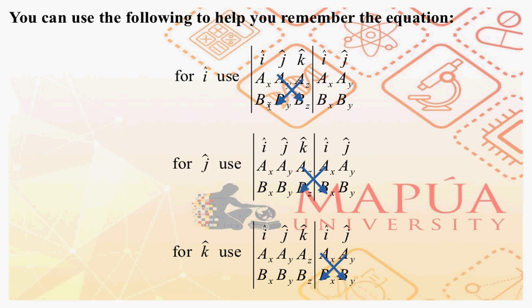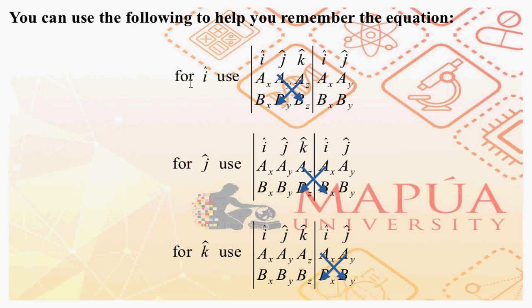Write them down in matrix form. So AX, BX, the i hat column, the j hat column, you have AY, BY, the k hat column, AZ, BZ, and then extend the matrix. Extend the column i hat, and then j hat.